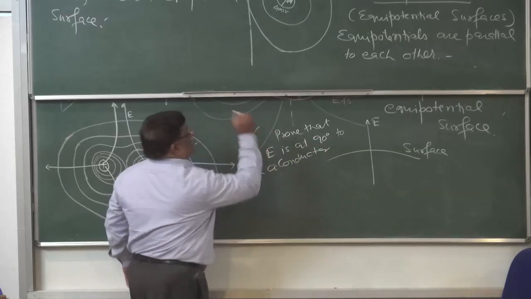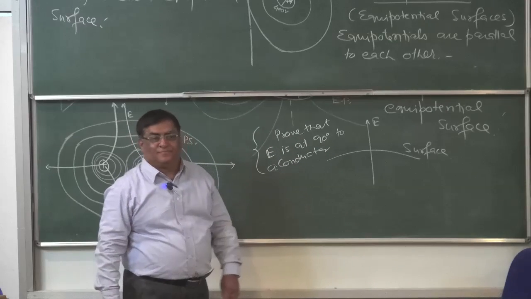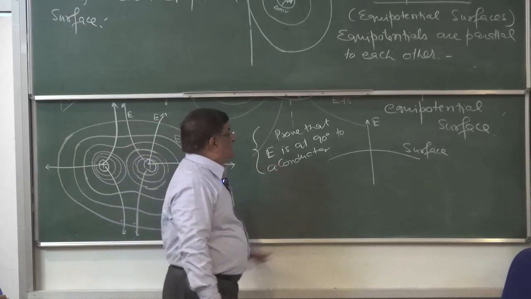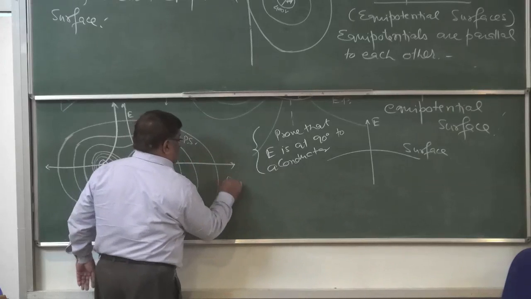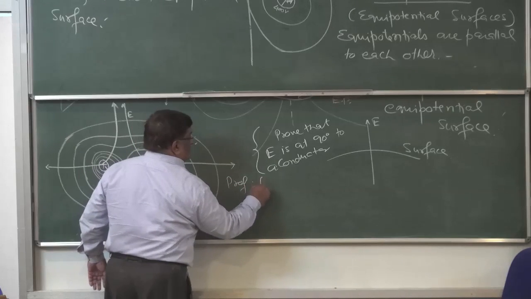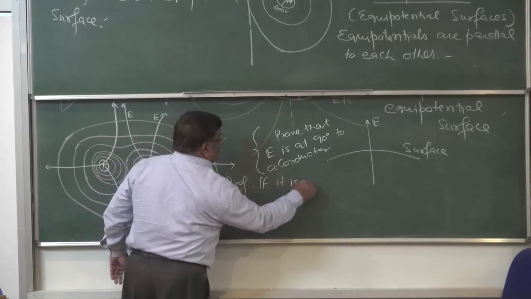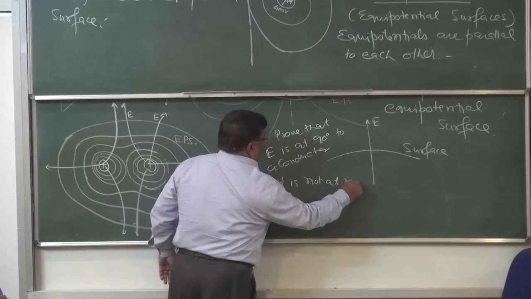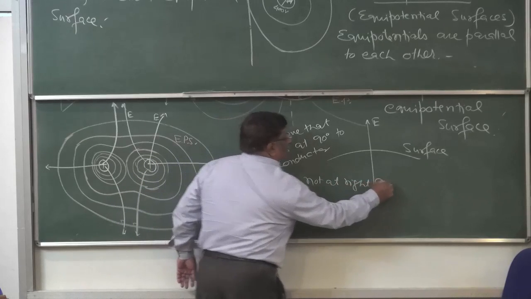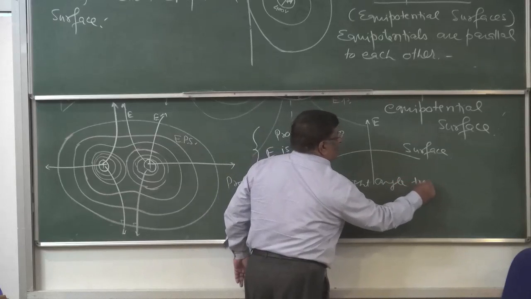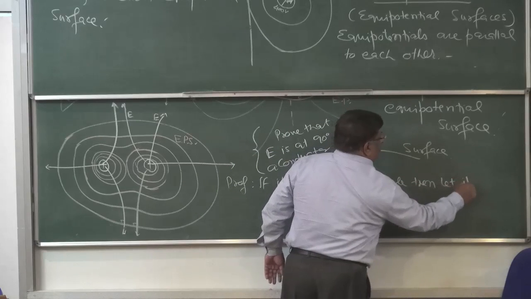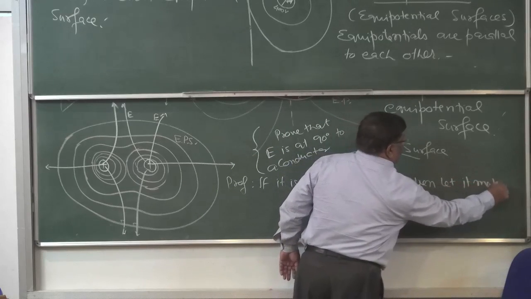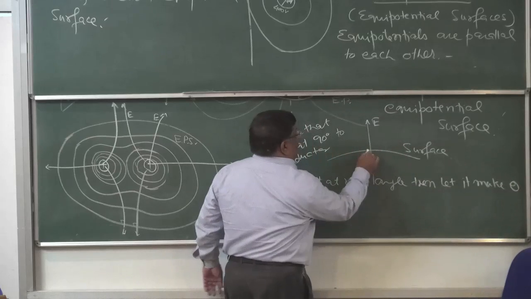This is a small proof. If it is not at right angle, then let it make an angle theta.